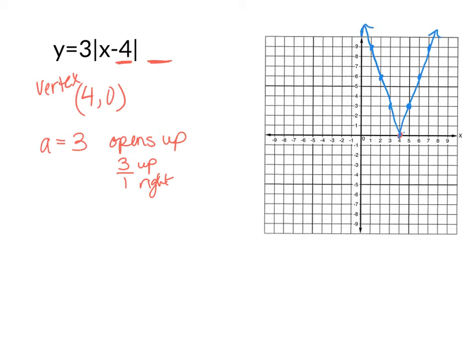And my domain, x such that x is contained in the set of all real numbers. And my range, y such that y is greater than or equal to 0.